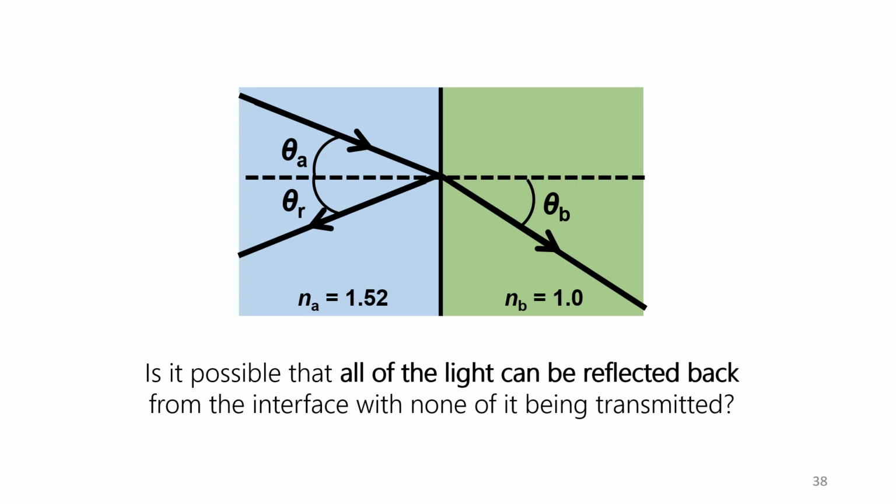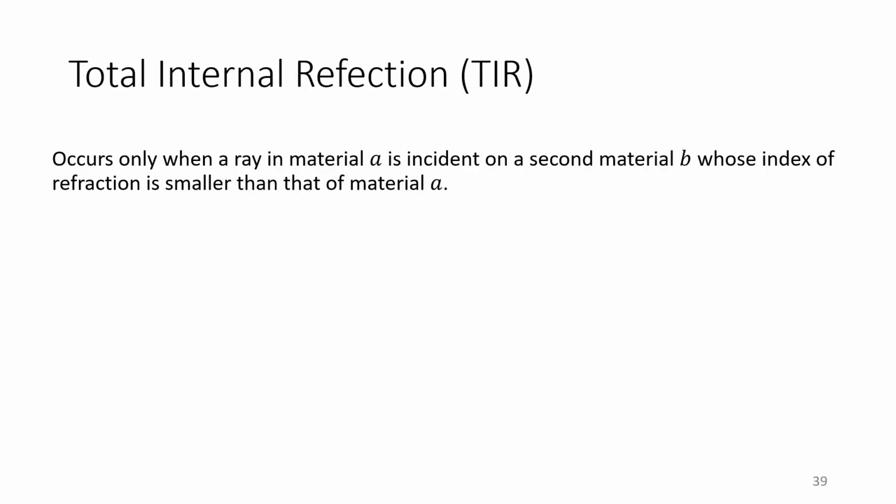We then ask if it's possible to reflect all of the incident light, leaving none to be transmitted or refracted. Turns out that you can, with certain restrictions. First, we call this phenomenon total internal reflection, or TIR. So let's go through these restrictions.